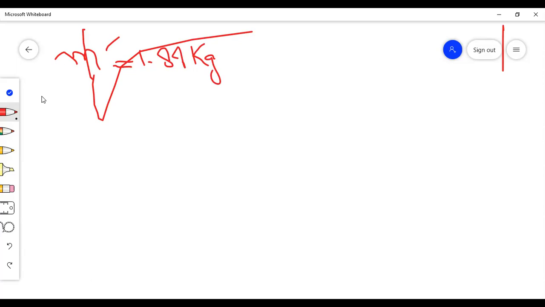Causing it to sag by an angle of 3.50 degrees. So theta was 3.50 degrees. And we are looking for the tension. What is the tension in the string?